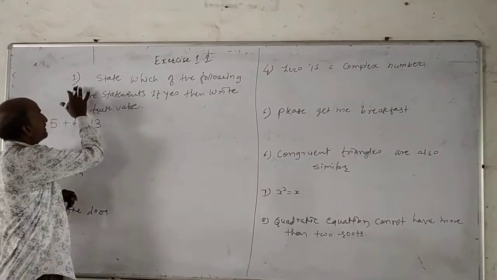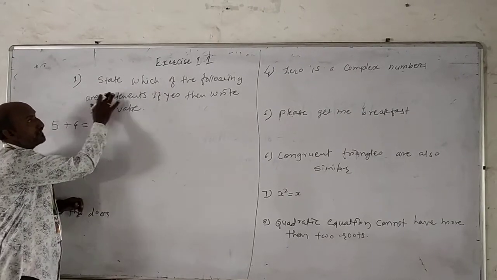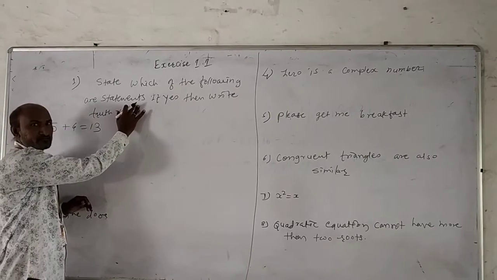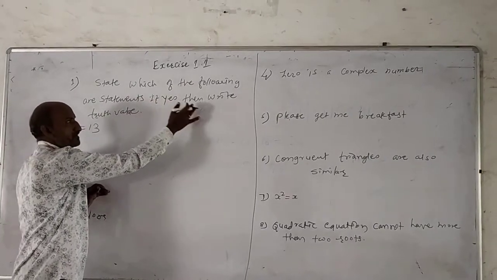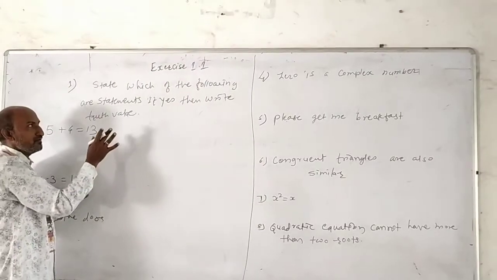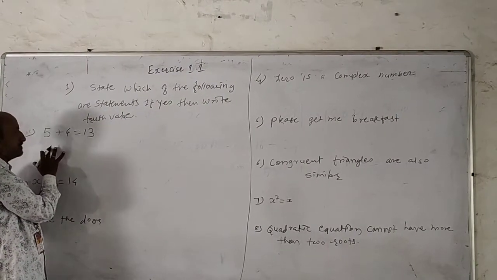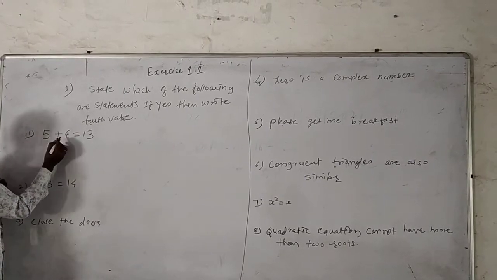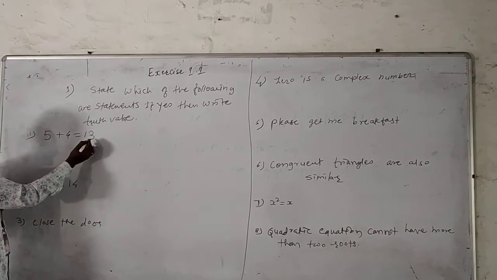In that, the first question is: state which of the following are statements. If yes, then write the truth values. What does that mean? See this example. The first example is 5 plus 4 equal to 30.